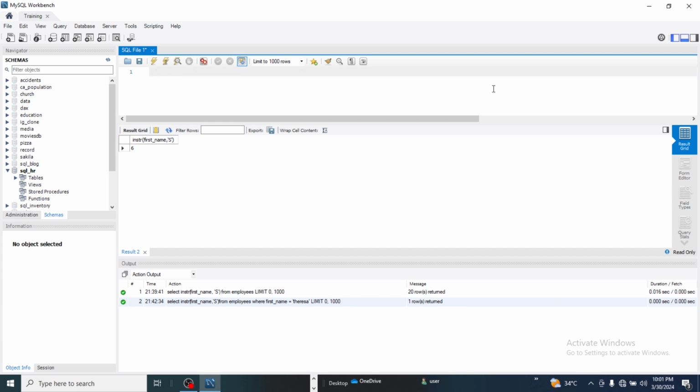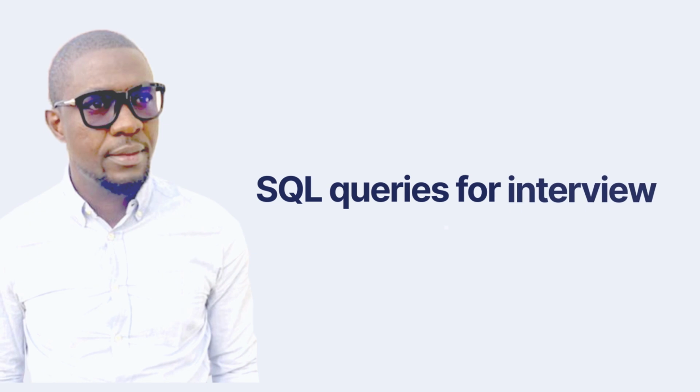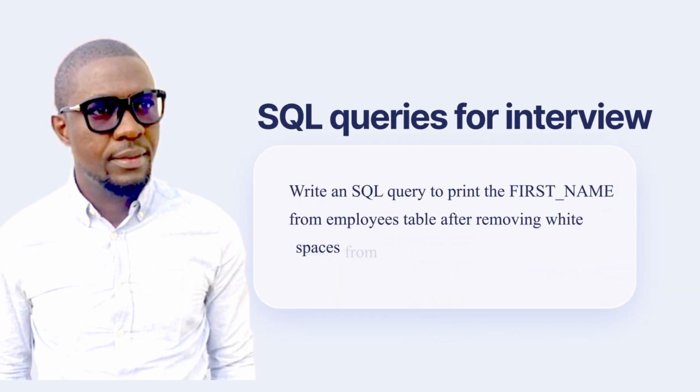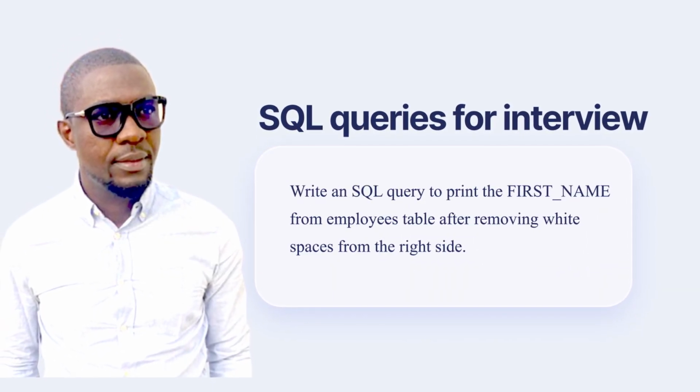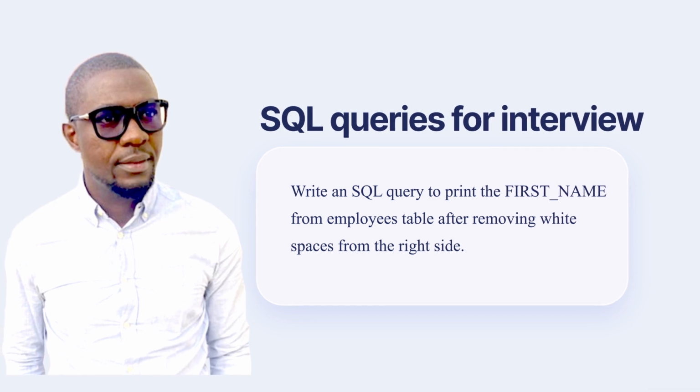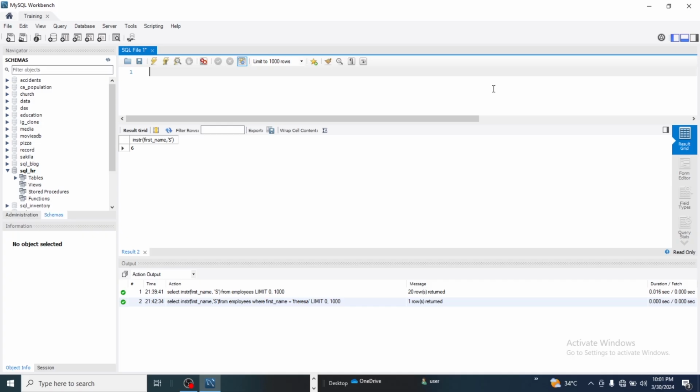Now, number 6 question says, write an SQL query to print the first name from employee table after removing white space from the right side. Now, with this question, to solve it, we are going to use our trim.